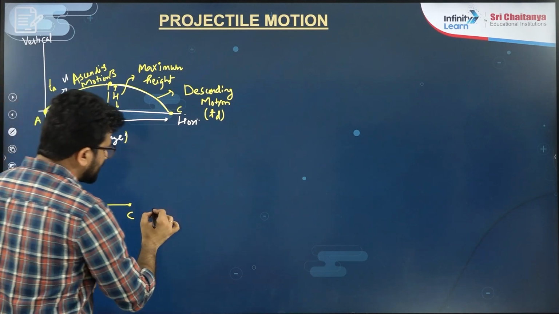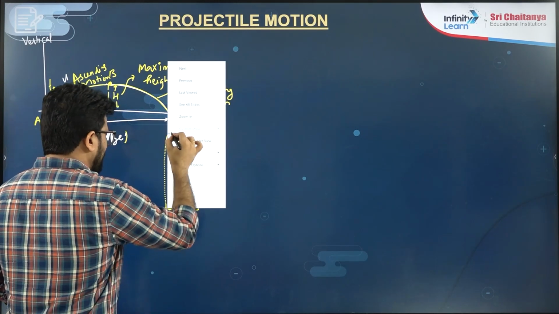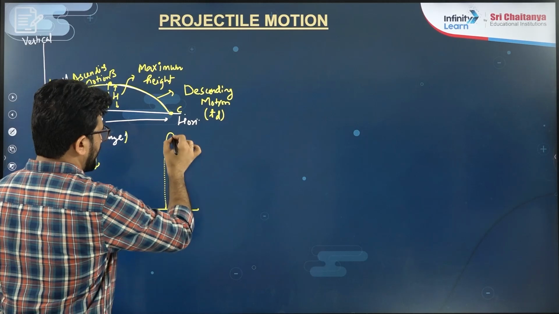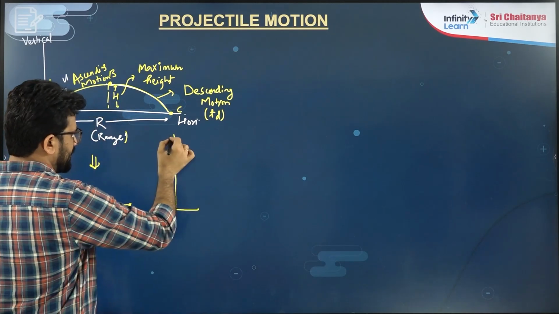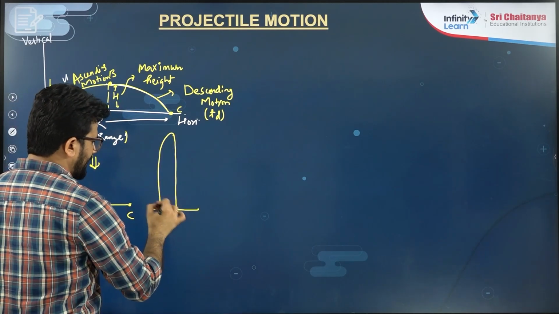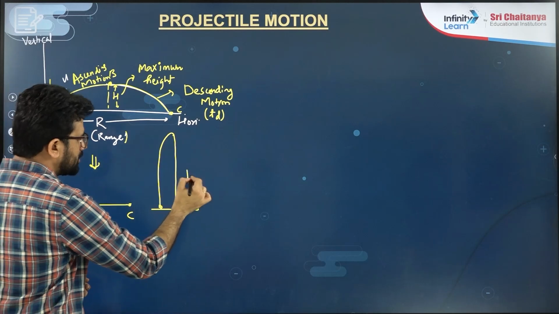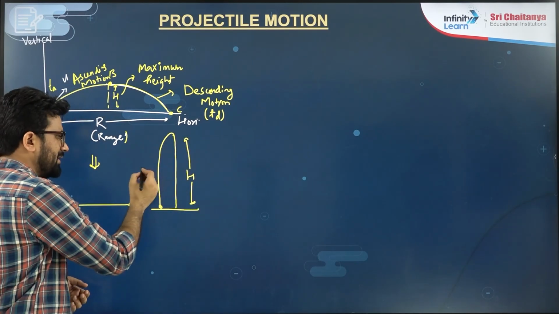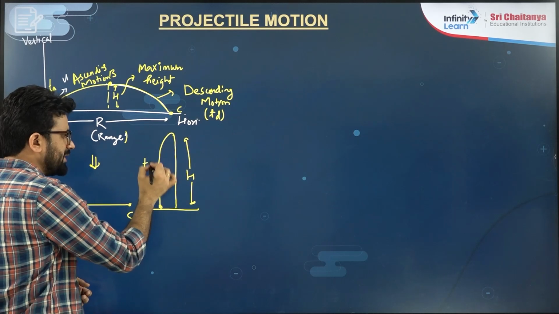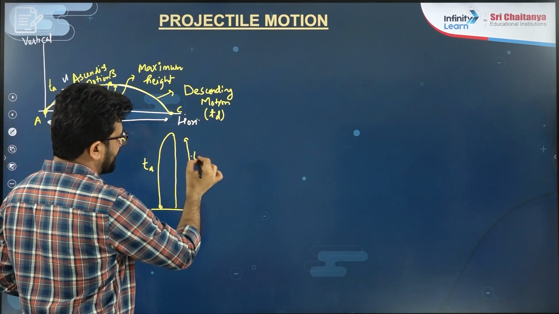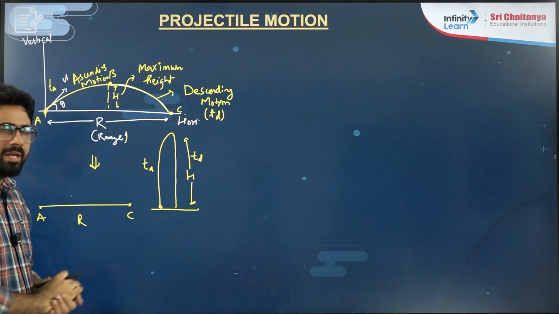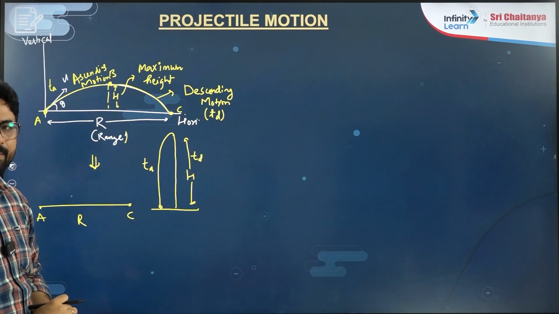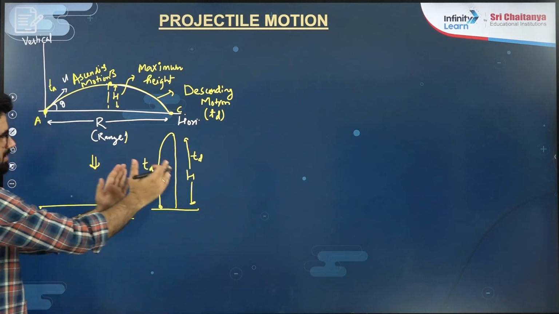Another is the vertical motion, going up to the maximum height h. The left side is the ascending motion, the time of ascent, and the right side is the time of descent, a very simple thing. The total time we call time of flight.